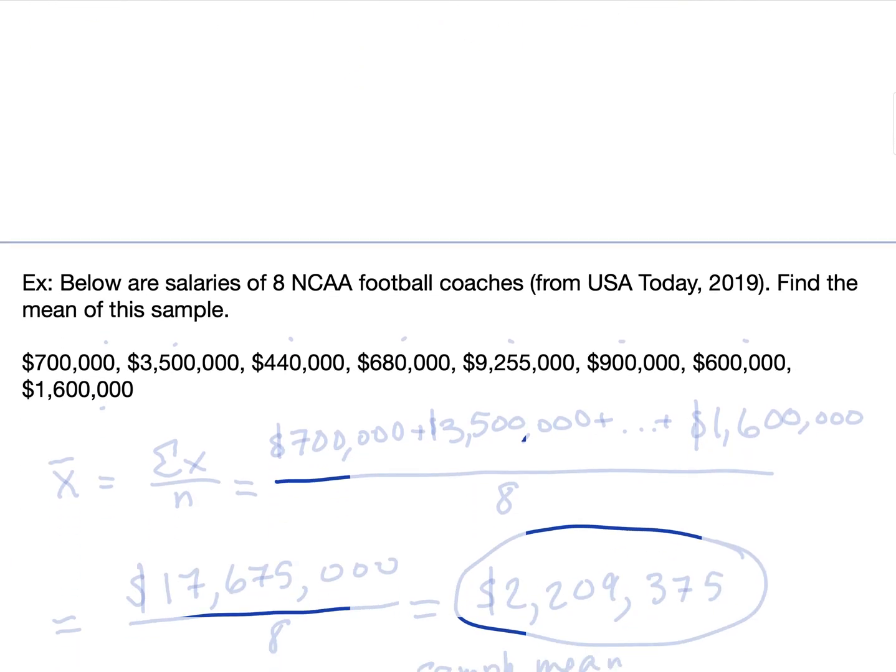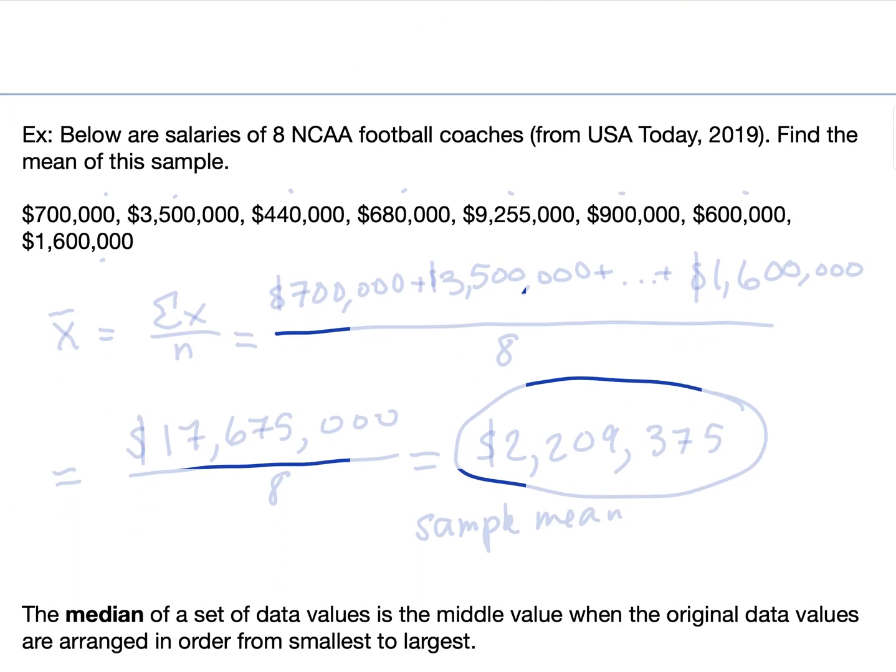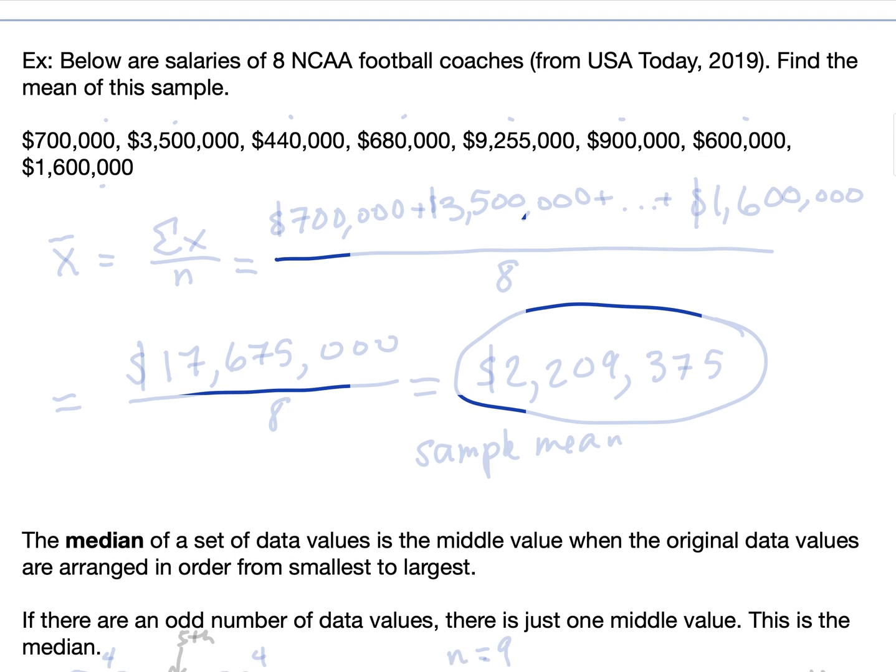So below are salaries of 8 NCAA football coaches. These were selected by me from USA Today in 2019. So these are not all of the NCAA football coaches, but just a sample of them. And we want to find the mean of this sample. The sample mean is denoted x with a bar over it.